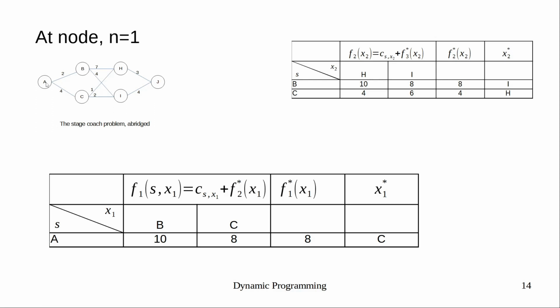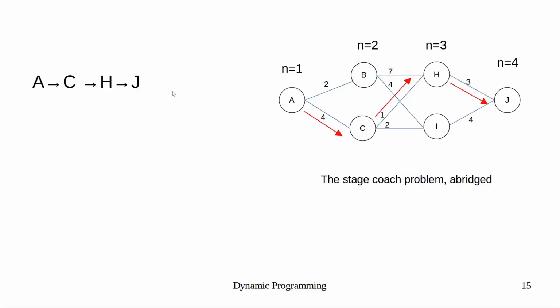So the best route is going from A to C. From C, you are going to take a choice of H, that is A to C, C to H, and H to J. So that's it. So you have A to C, C to H, and H to J.